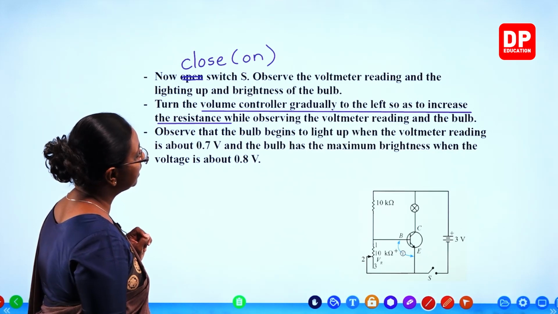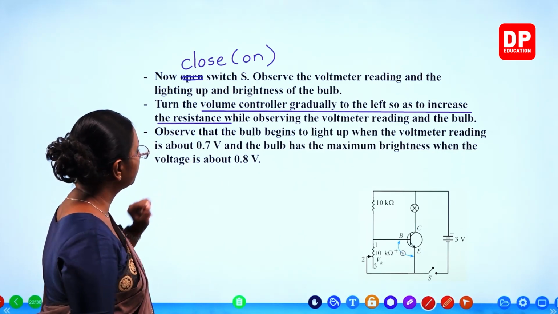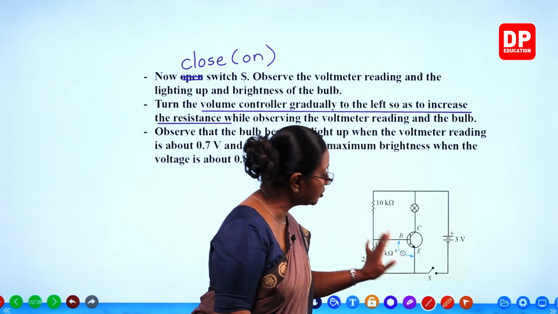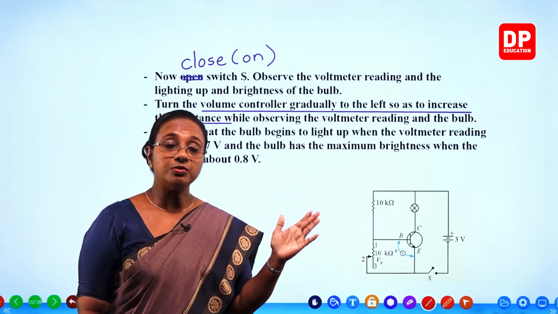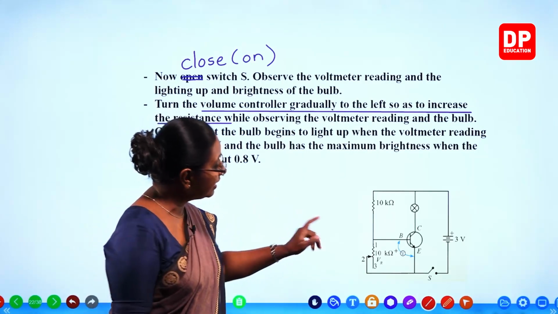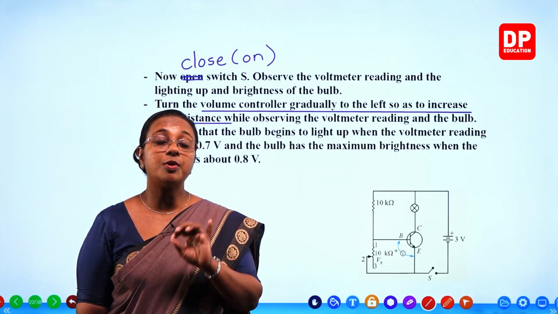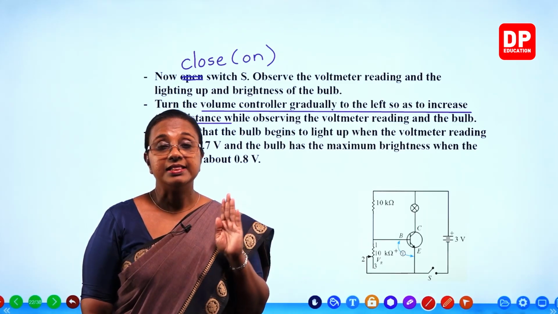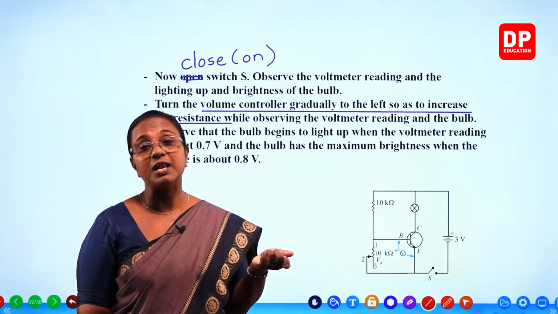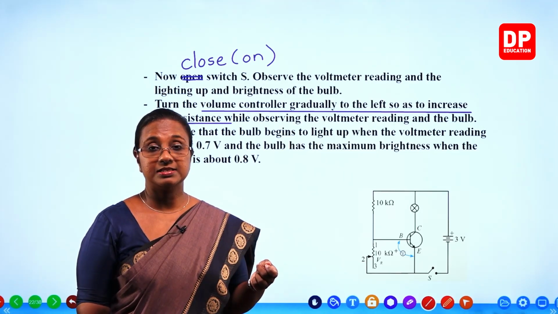Observe that the bulb begins to light up when the voltmeter reading is about 0.7 volts. From the lowest value up to 0.7 volts you see nothing, but when the multimeter reading shows 0.7 volts, the bulb will light with less brightness.